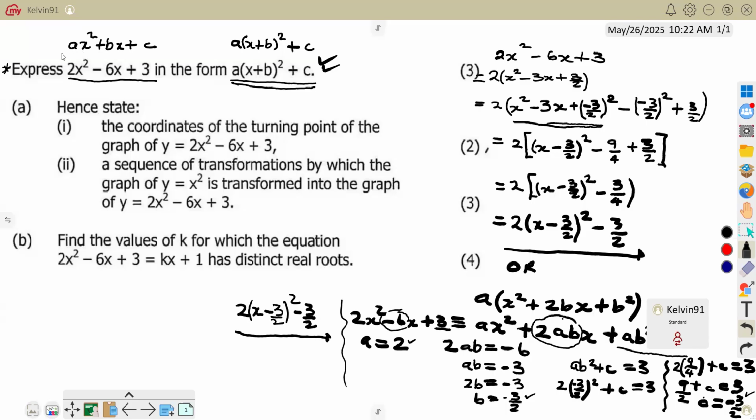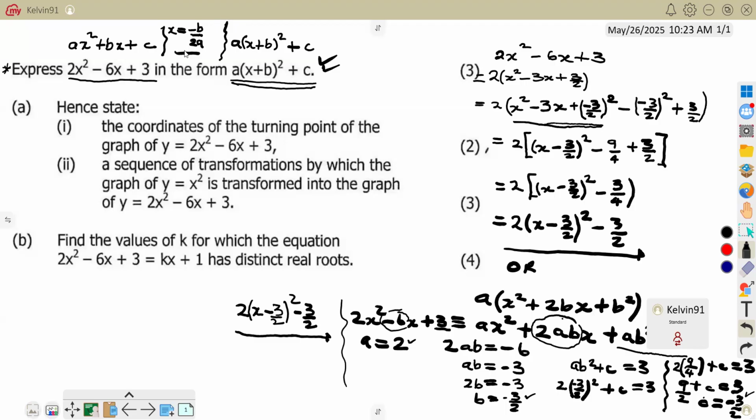But in the standard format, if you want to get the coordinates of the turning point, we know at turning point your x is equal to minus b over 2a. Then once you get the x coordinate, to get the y coordinate, substitute it in this form so that you get the corresponding y coordinate at turning point. The a here and the a in this format represent the same thing.